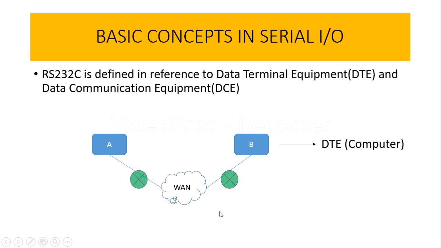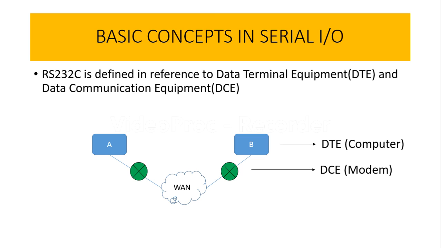So I am going to place these DCE equipments, which are nothing but the data communication equipments, which function as the signal converter. An example of this DCE can be a modem.